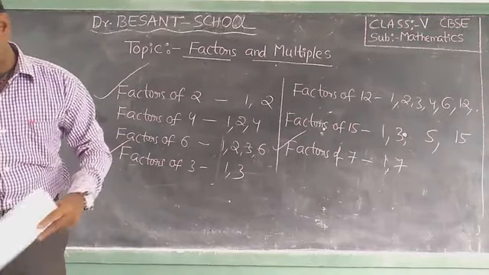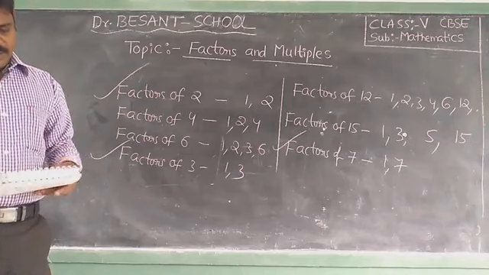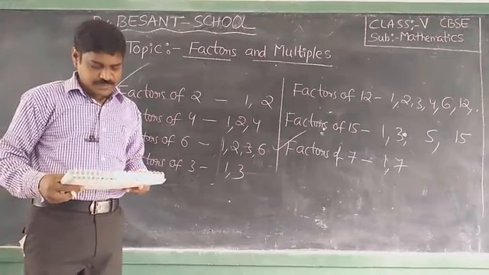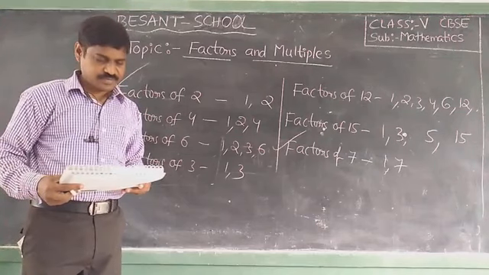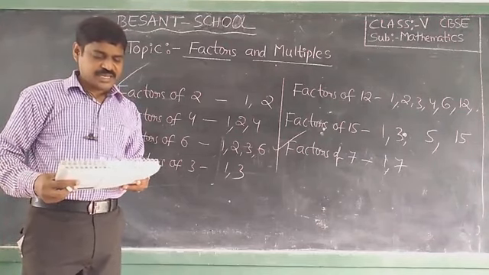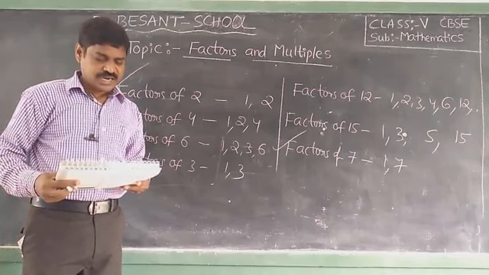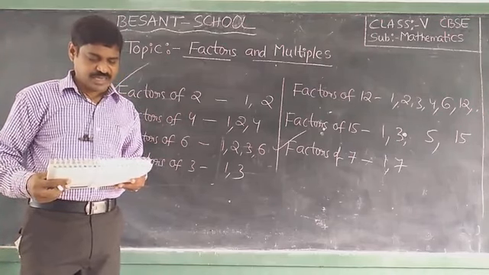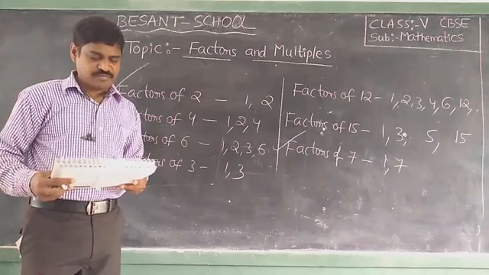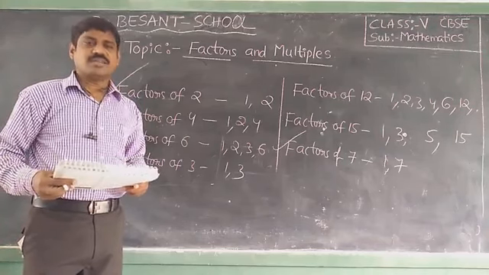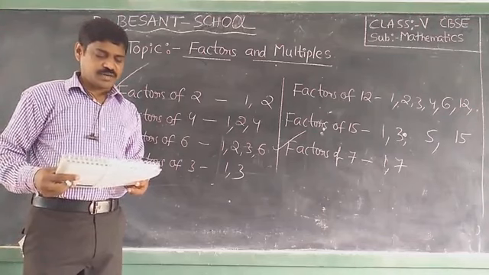Children, observe this one. Next, open your companion book, page number 45. Fill the numbers in the empty space to form 3-digit numbers divisible by 3, divisible by 4, divisible by 9. Okay, easily we can do it.